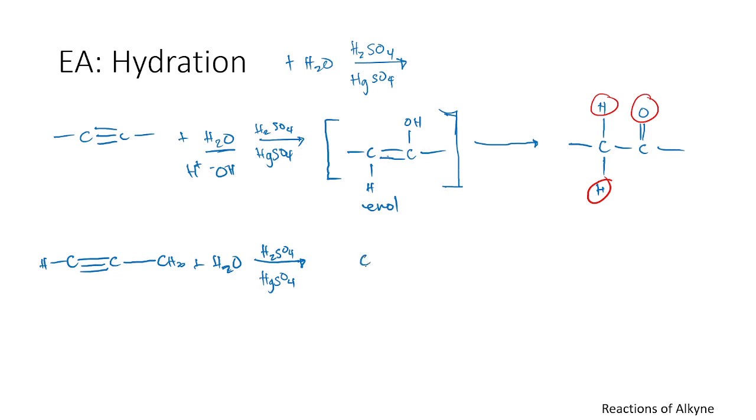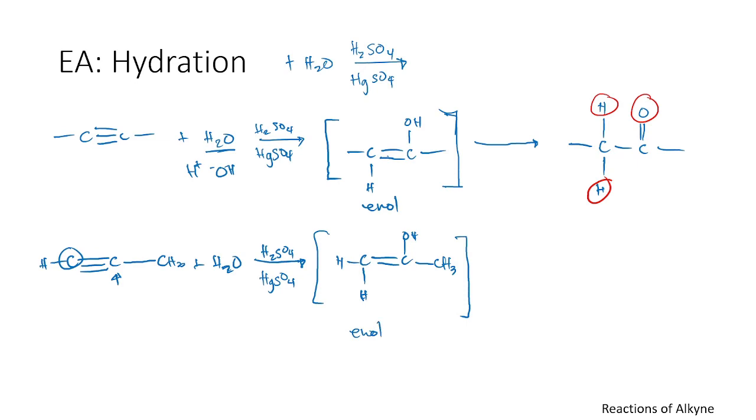We have here our carbon, which is attached to our hydrogen. Since this carbon has more hydrogen atoms than this one, we will have here our hydrogen and our double bond. We have here our carbon. Then we have an anti-addition of our OH, or hydroxide. Then we have here our CH3.